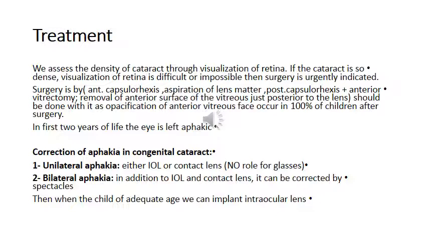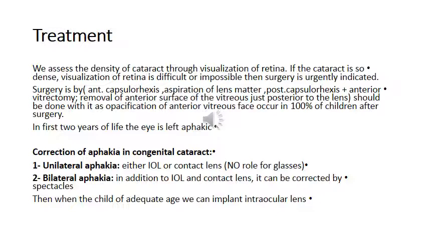In unilateral aphakia, when we operate on unilateral congenital cataract, we can correct this aphakia either with intraocular lens if the child is of adequate age, which is more than 2 years, or with contact lens. We don't use glasses, but in bilateral aphakia we can use glasses or intraocular lens if the child is of adequate age.